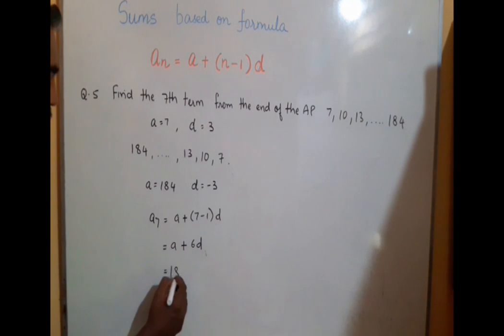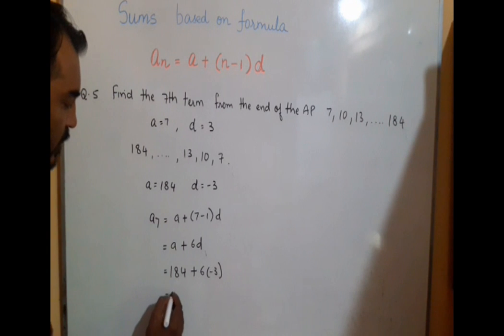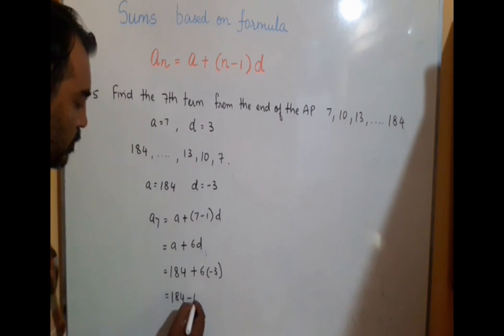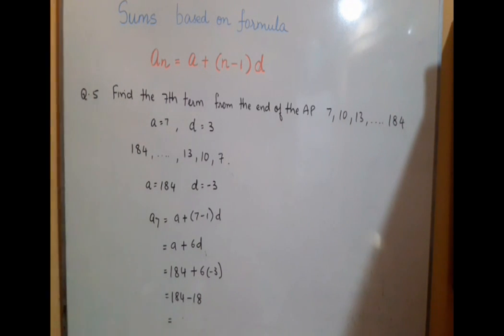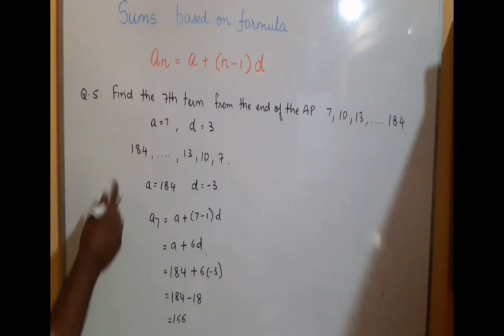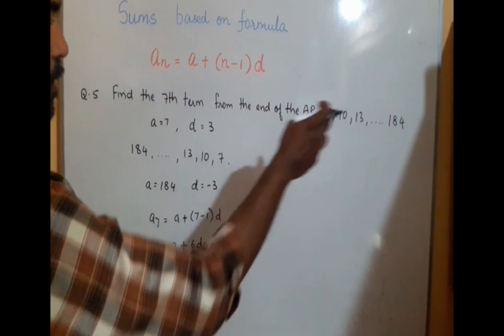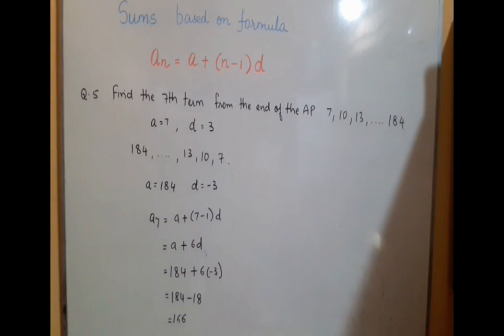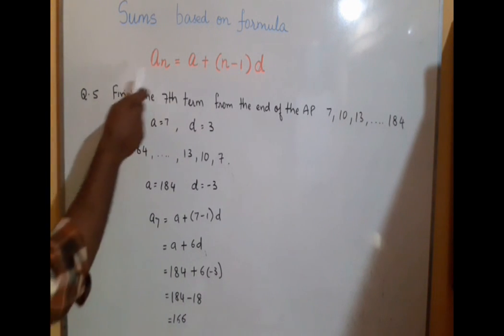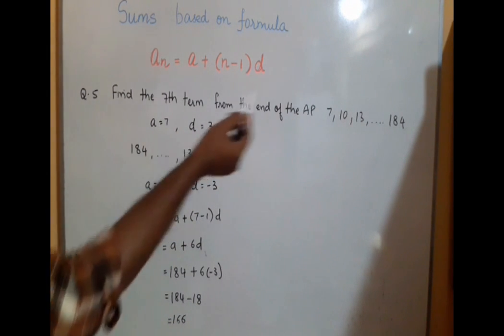The A given is 184, and D is minus 3. So the 7th term will be 184 minus 18, which is 166. So the 7th term of this sequence, 166, is also the 7th term from the end of the sequence given to us. So this is one more way we can use this formula to find a term either from the front or from the end of the AP.